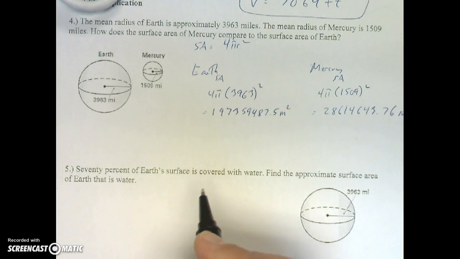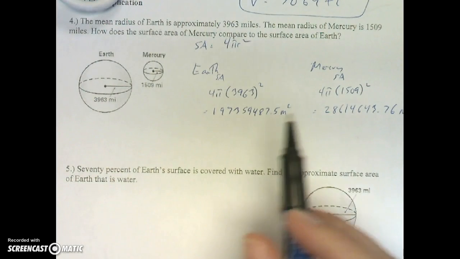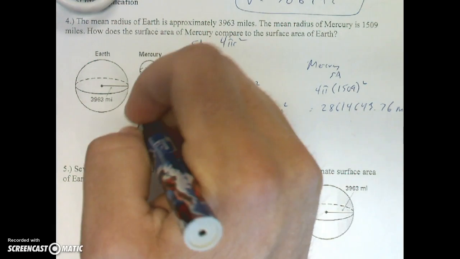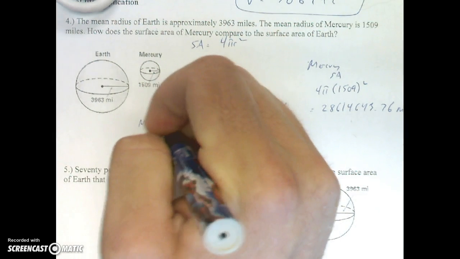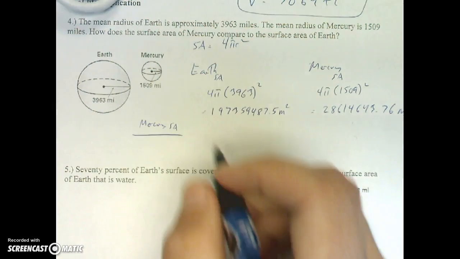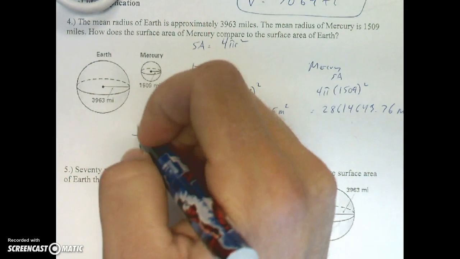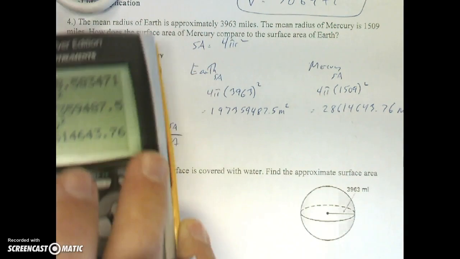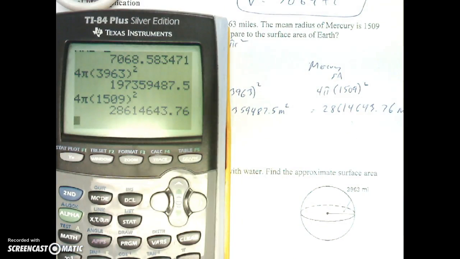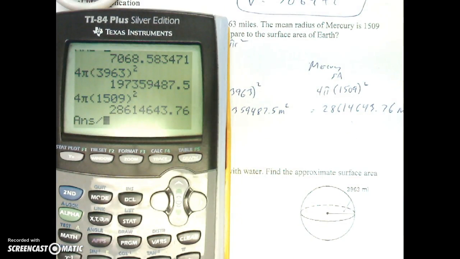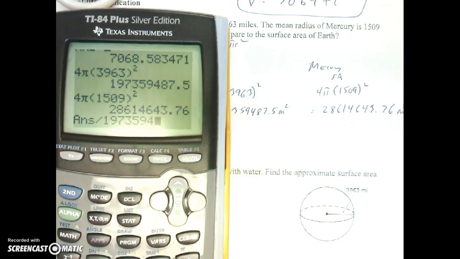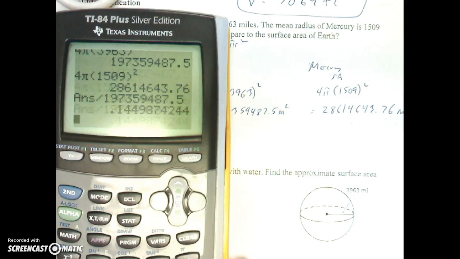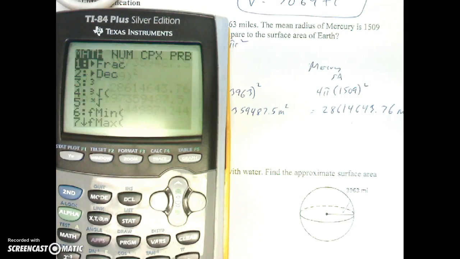So what I'm going to do here is compare these. I'm going to put the surface area of Mercury divided by the Earth's surface area. So I'm going to take Mercury's answer and divide it by 197,359,487.5. I'm going to try math fraction enter.